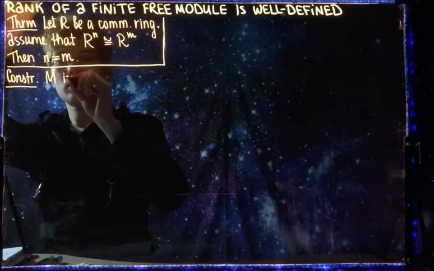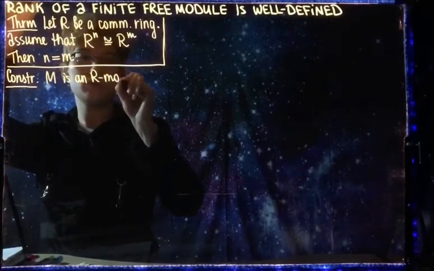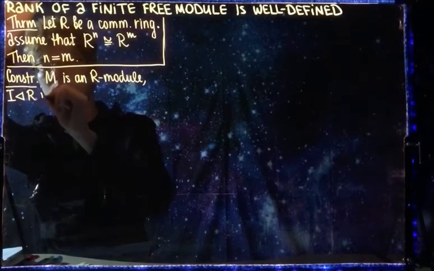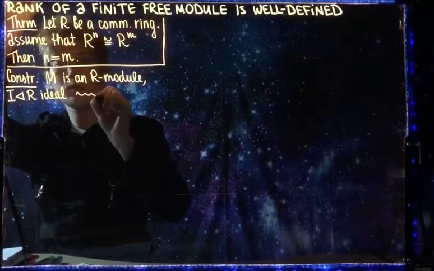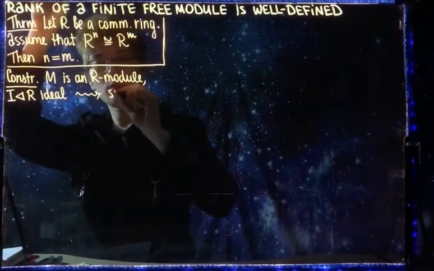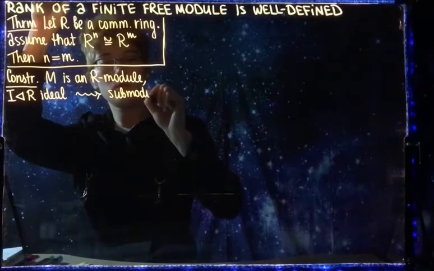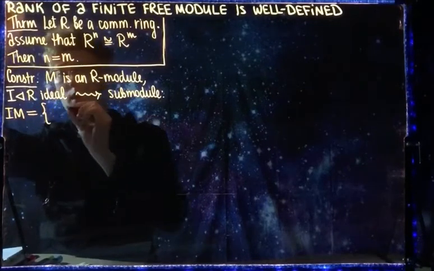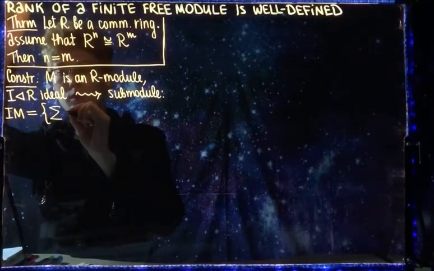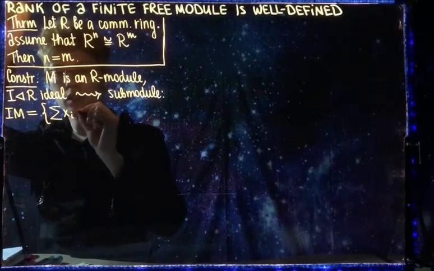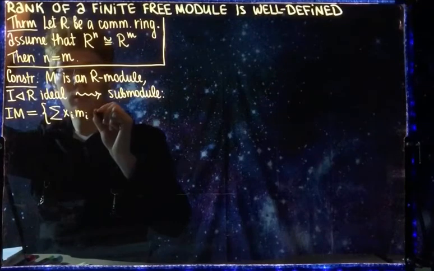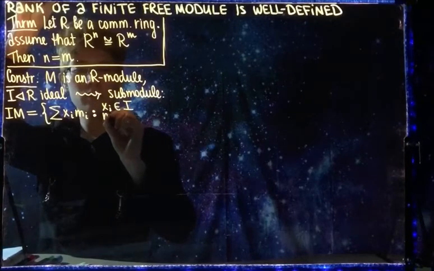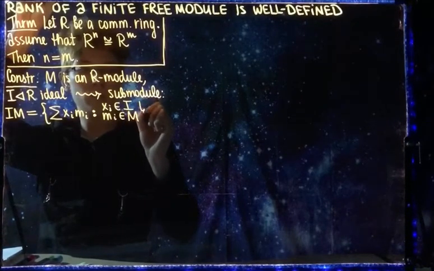Let's say M is an R module and I is an ideal inside R. Then define the submodule IM as the set of all combinations of the form sum of xi mi, where xi is in the ideal and mi is from the module.